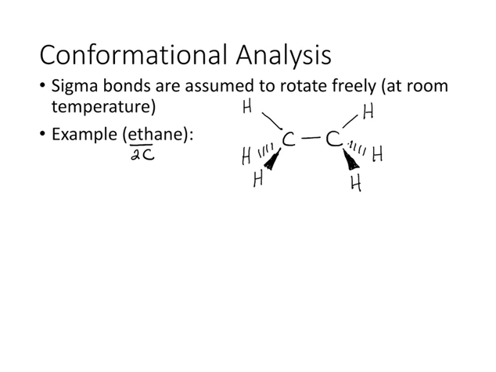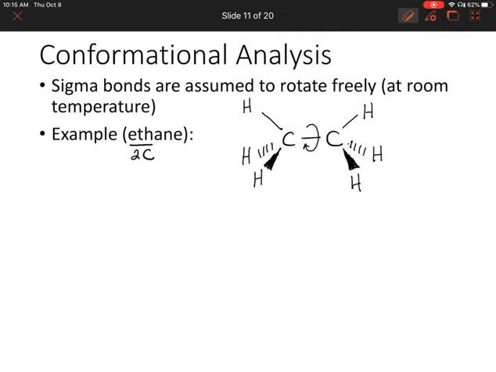Now, again, remember, sigma bonds can rotate whichever way they want. So we could rotate these hydrogens around. So for instance, if we twist the carbon on the end, we would end up with the wedge and the dash up at the top, and then the hydrogen that's in the plane would be on the bottom.